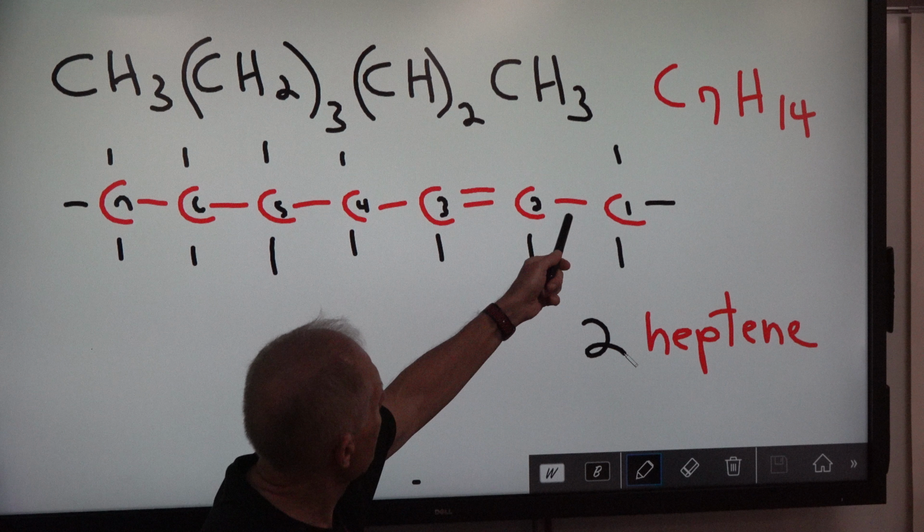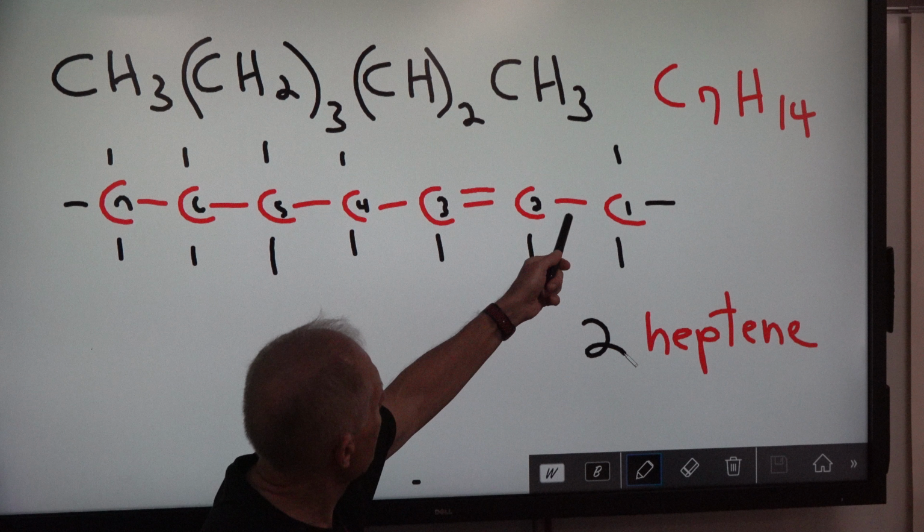So it's 1, 2, 3, 4, 5, 6, 7. Now you can tell the person, the double bond comes after the second carbon, so draw 2-heptene. And they'll draw 7 carbons, and after the second carbon, they'll put a double bond.